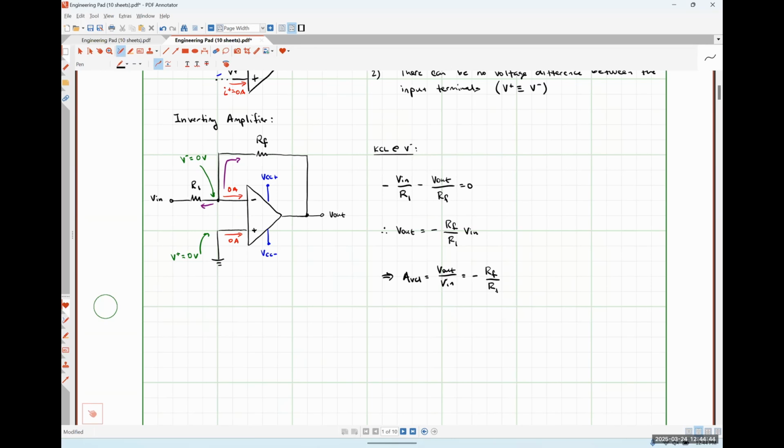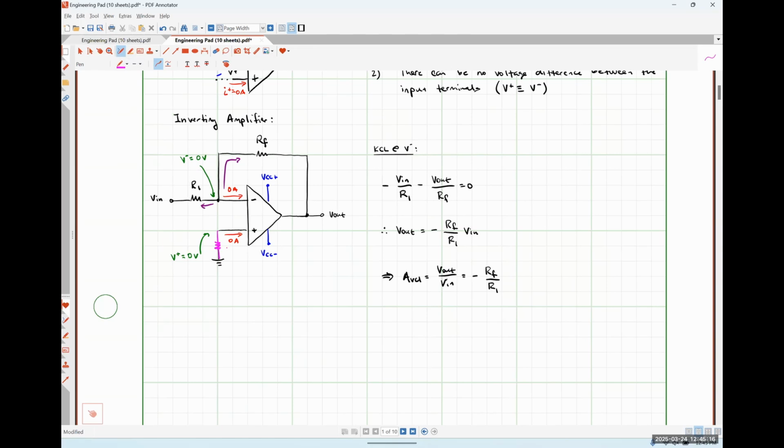So this is the first amplifier. Before we move on from this one, I want to show you a couple of things here, okay? The first of which is, in some cases, and I'm going to do these in pink because they're kind of optional from a circuit analysis standpoint, but important from a practical implementation standpoint, we might see a resistor connected to the non-inverting input terminal here.